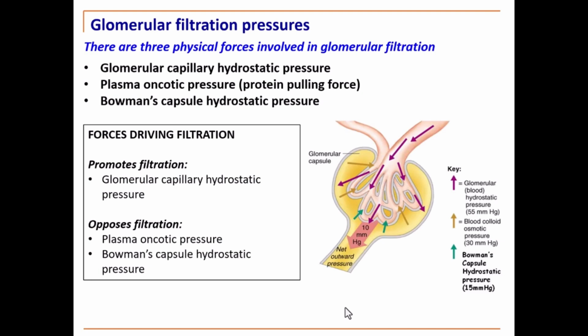And likewise, if you have blockages in the ureters or in the tubules, that will cause back pressure, altering the Bowman's capsule hydrostatic pressure. So there are a variety of ways that changes in physiology or disease states can alter the driving forces of filtration and therefore alter your glomerular filtration rate.